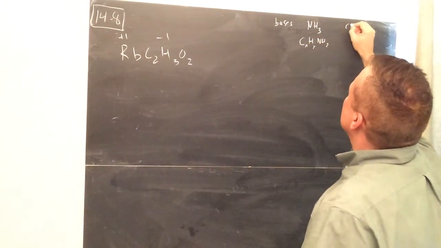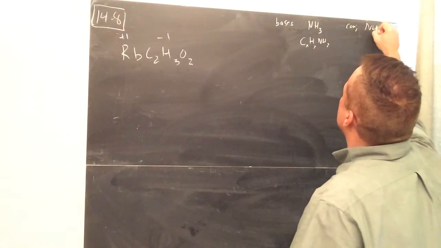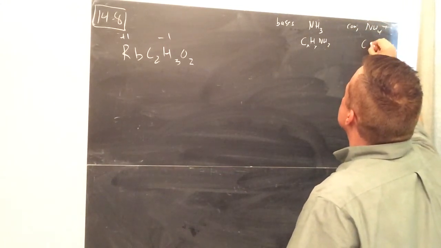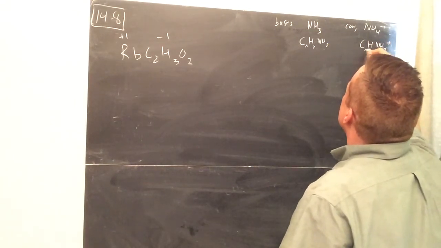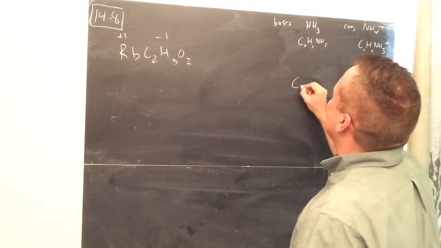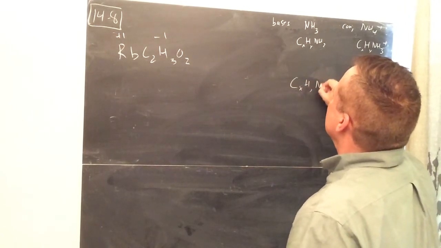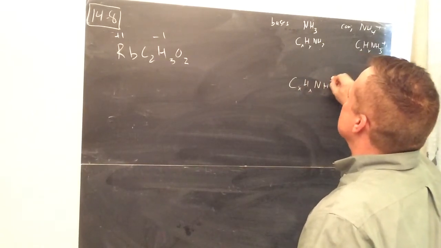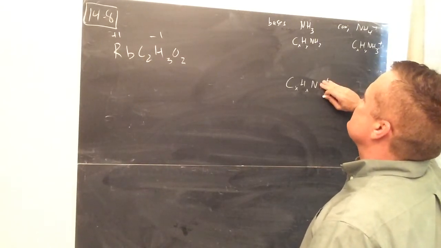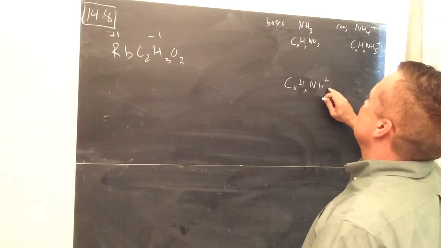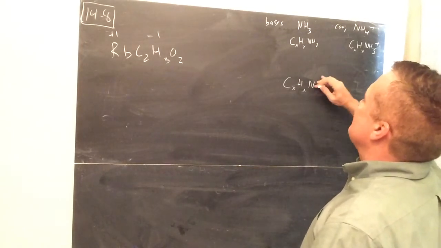So their conjugate means you have to have NH4 plus, or you have to have CxHyNH3 plus. If you see anything with an H on it and a plus, you know that that's a conjugate of a base. Take the H off, and that's the base.